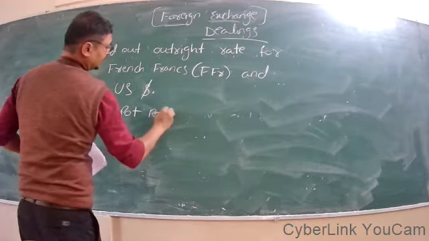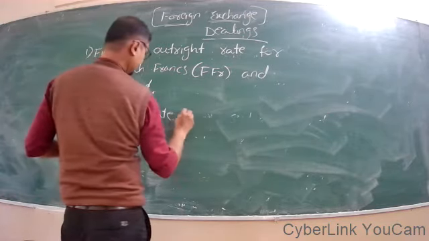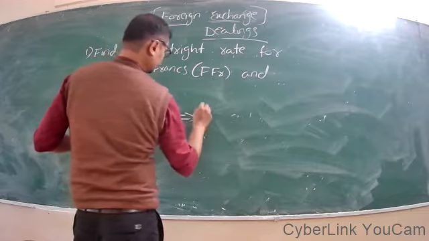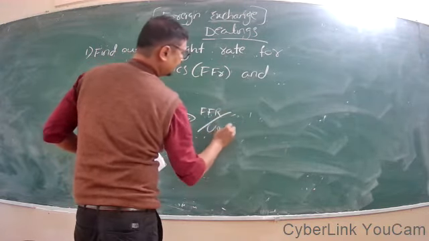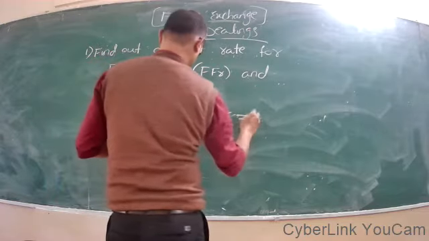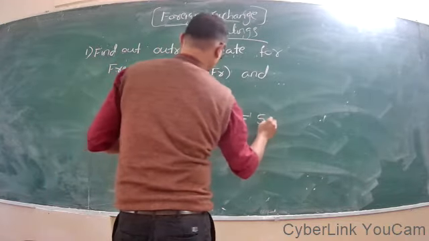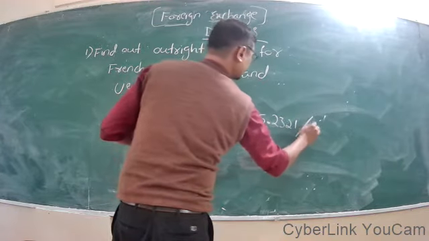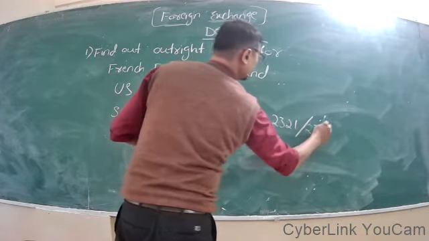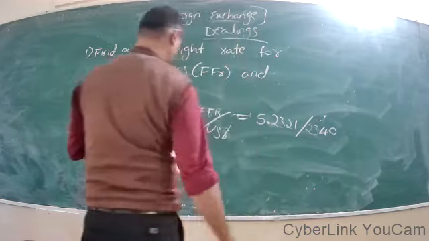Spot rate, that is the prevailing market rate, French franc per US dollar is 5.2321 oblique 2340.